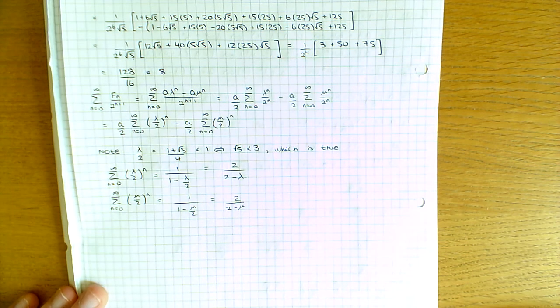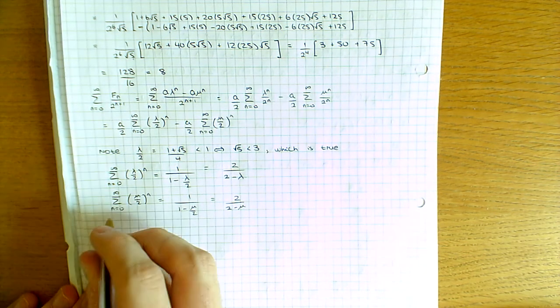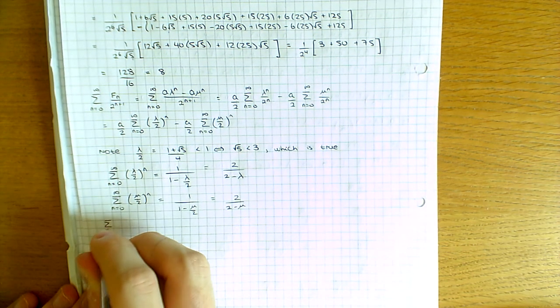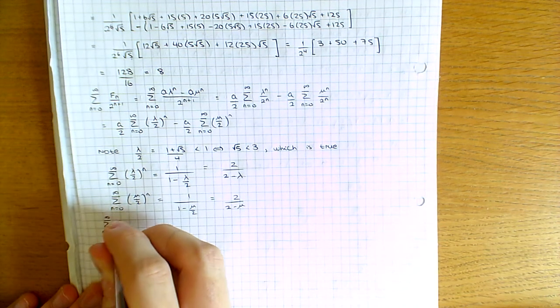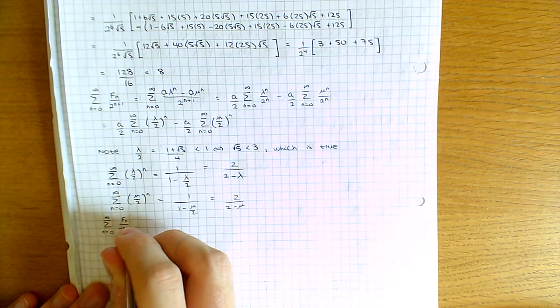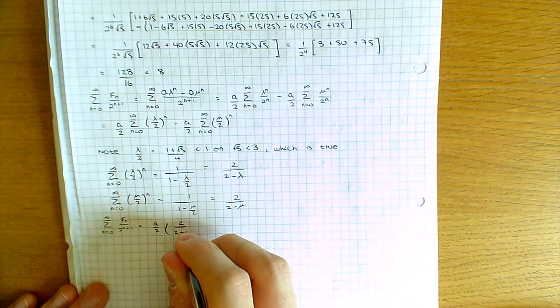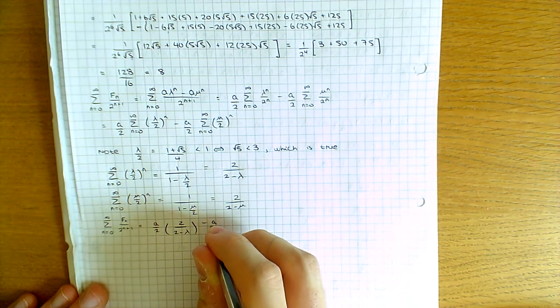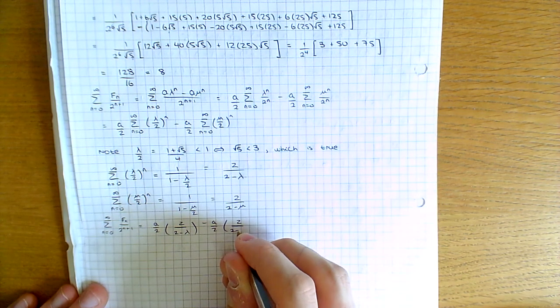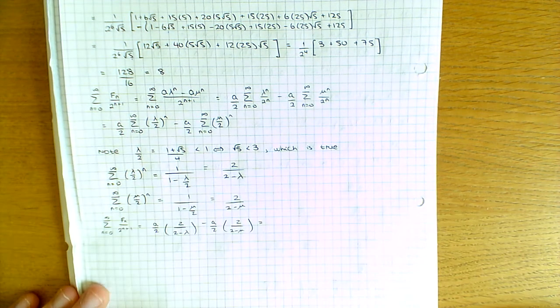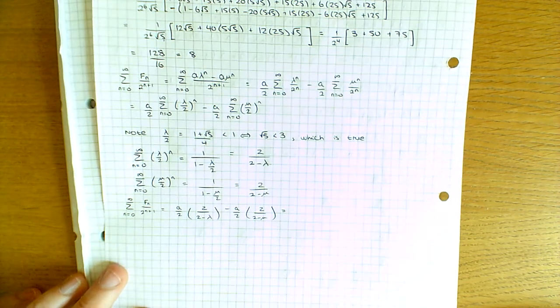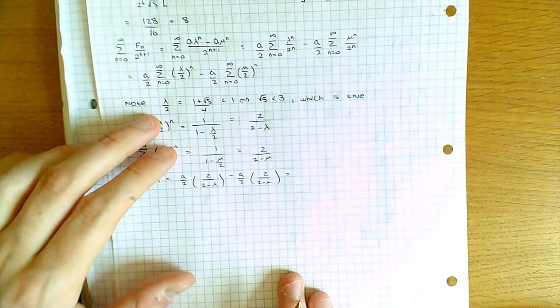Okay, so summing these up, we end up with the sum from 0 to infinity of fn over 2 to the n plus 1 equals a over 2 times 2 over 2 minus lambda, minus a over 2 times 2 over 2 minus mu. Now I would substitute in our values for lambda and mu. So what does that give us?